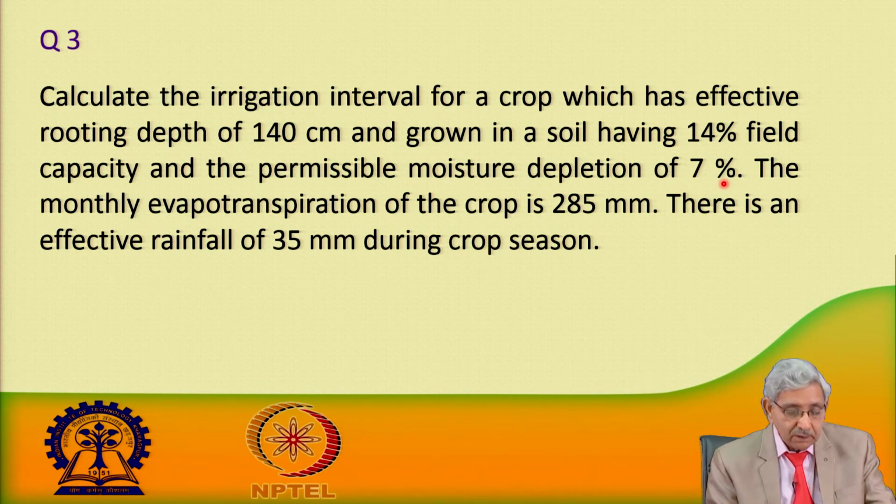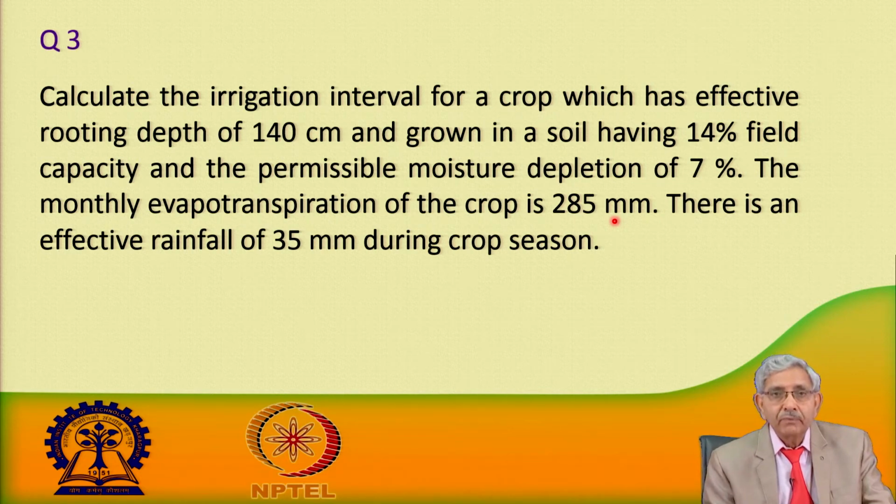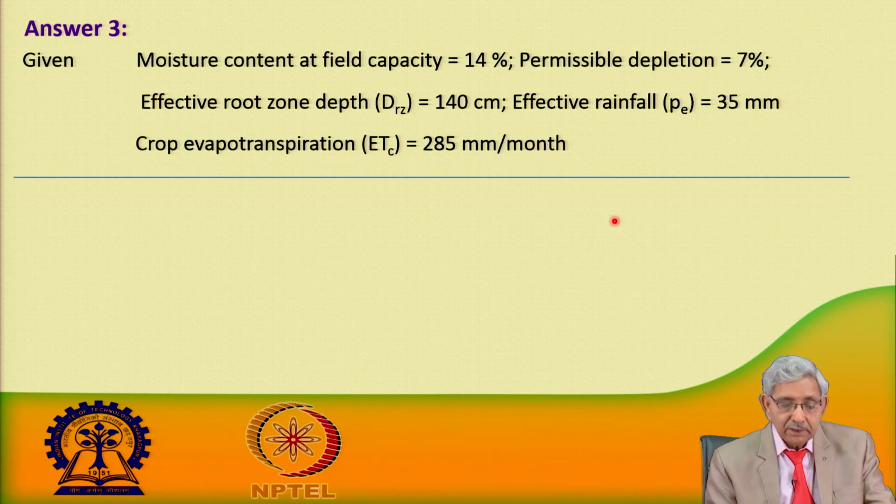The monthly evapotranspiration of the crop is 285 millimeter. There is an effective rainfall of 35 millimeter during crop season. So, let us try to learn from these data.